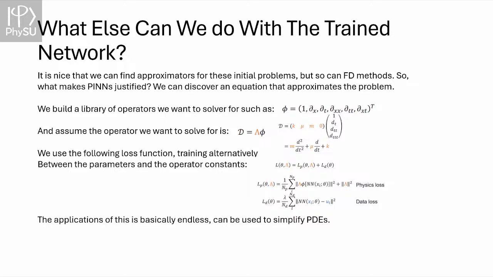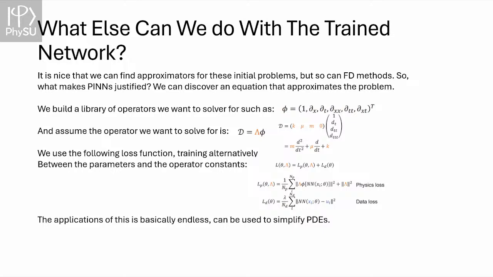Now, a good thing with PINNs is that it gives you a pseudo solution that you can play around with. It gives you this neural network that is stored somewhere. It just doesn't give you the final condition. It actually gives you something that you can use to probe into the problem, right?